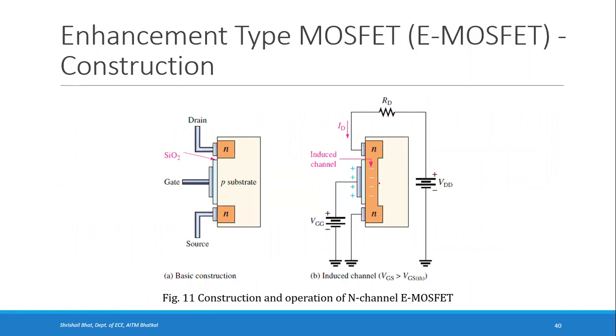In a parallel plate capacitor, there are two parallel plates with an insulator in between. Similarly, here there are two conducting regions with an insulator in between, and because of that a capacitive effect is formed.